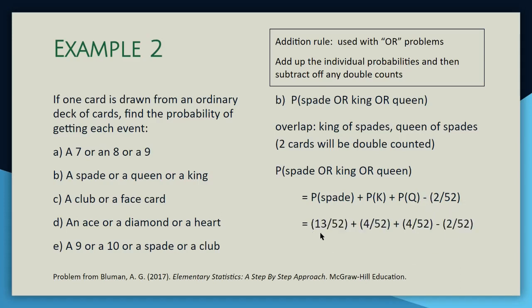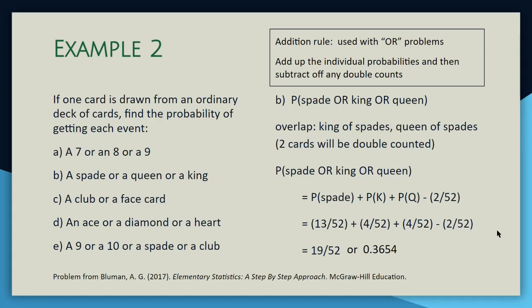So for spade, that's a suit. I know there are 13 cards in each suit. And then there are 4 cards of each type, 4 kings, 4 queens. And then there are 2 cards that got double counted. So 13 plus 4 plus 4 minus 2 is 19. And 19 out of 52 is 0.3654.